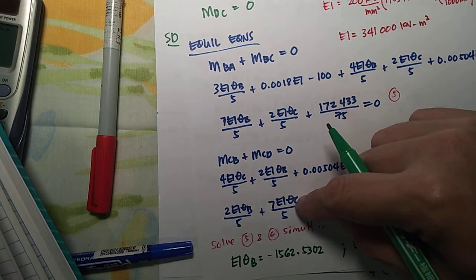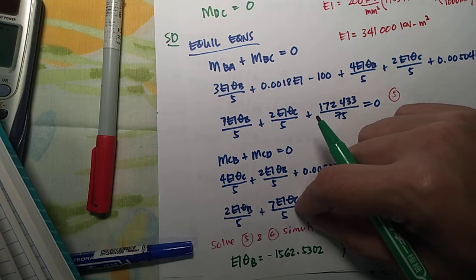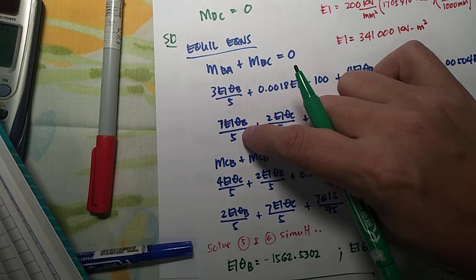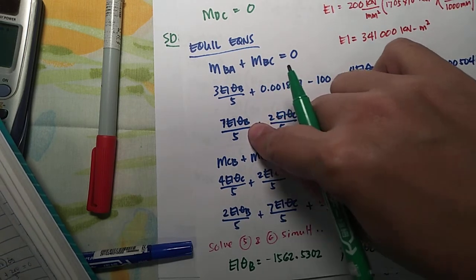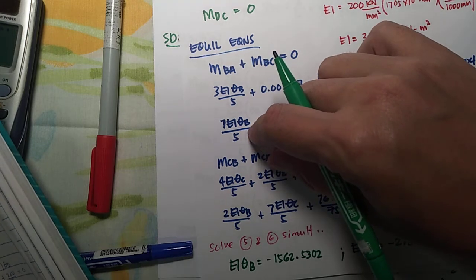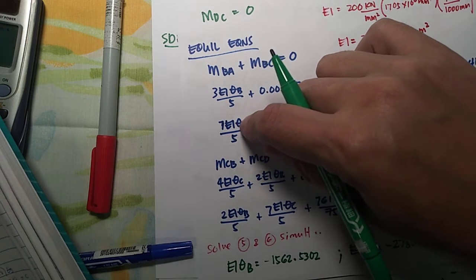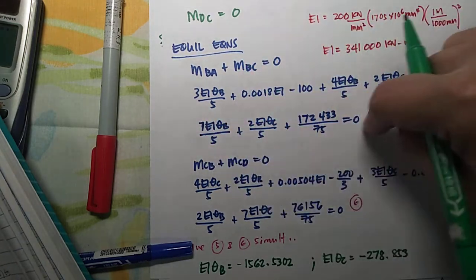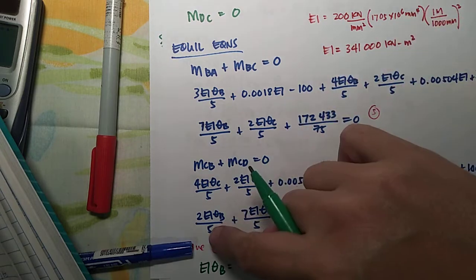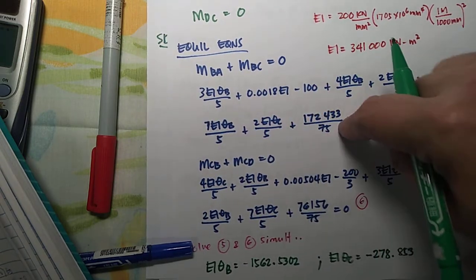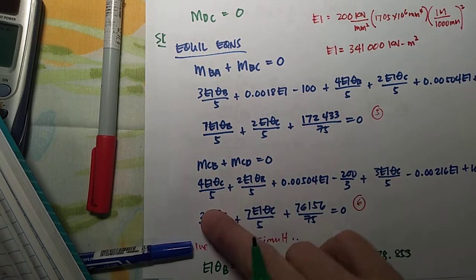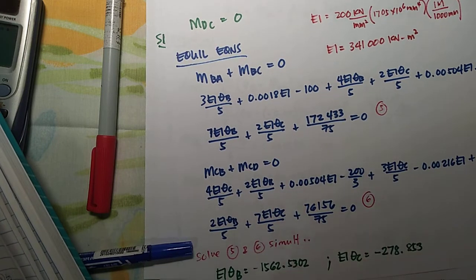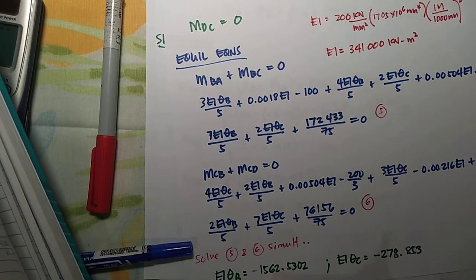So I assume that you know how to do it. Pwedeng gawin nyo is i-multiply mo to ng 2/7 para siya maging 2/5 din siya. Everything 2/7. Ma-solve mo, maka-cancel yung theta B, masosolve mo yung theta C. Then substitute back, makukuha mo yung EI theta B. Okay?